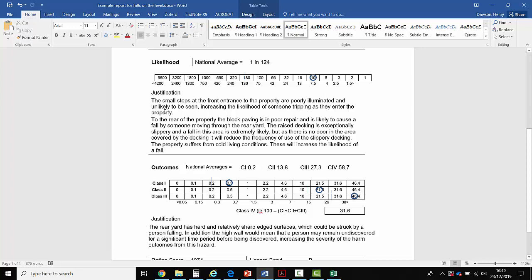So, based on those deficiencies, the small steps at the front entrance to the property are poorly illuminated and unlikely to be seen, increasing the likelihood of someone tripping as they enter the property. To the rear of the property, the block paving is in poor repair and is likely to cause a fall by someone moving through the rear yard.